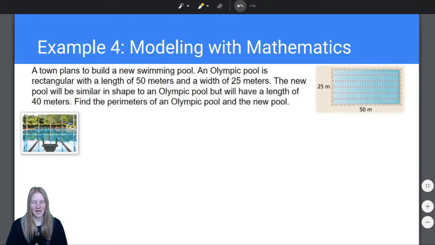So, a town plans to build a new swimming pool. An Olympic pool, that's the size of pools they use in the Olympics. An Olympic pool is rectangular with a length of 50 meters and a width of 25 meters. So this is the Olympic pool.